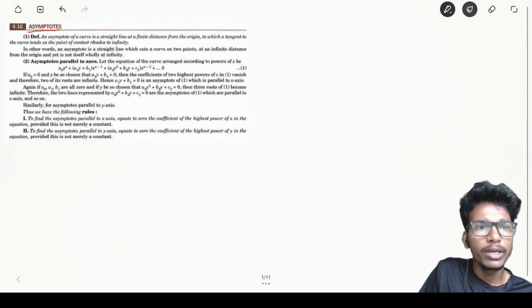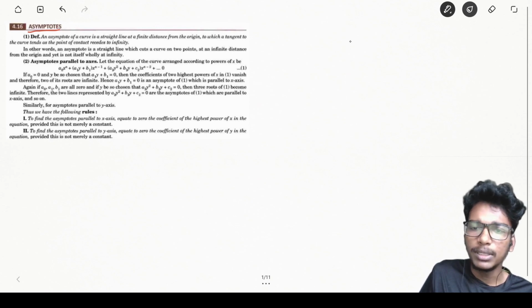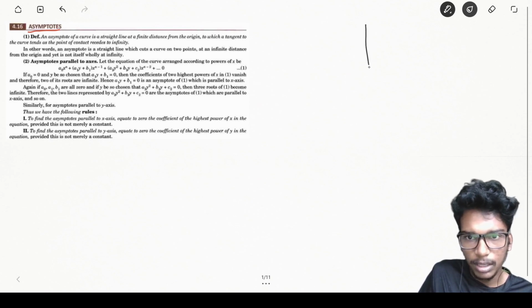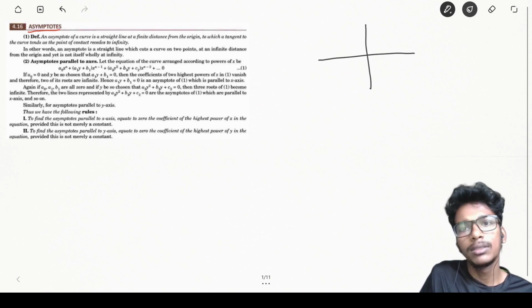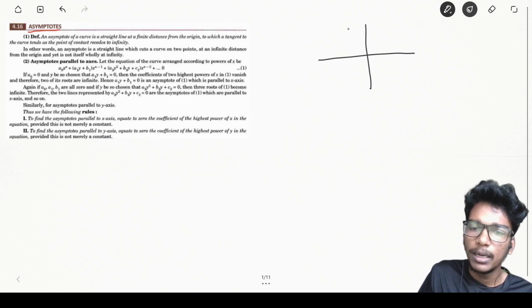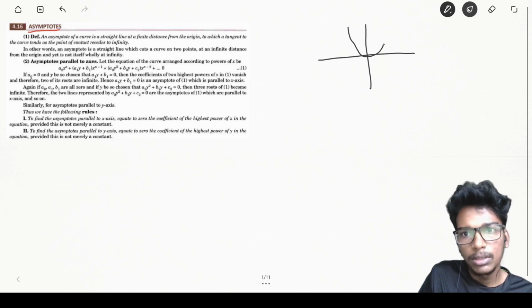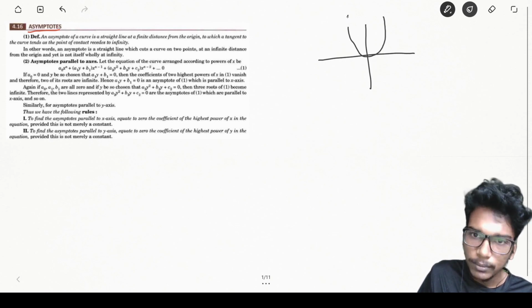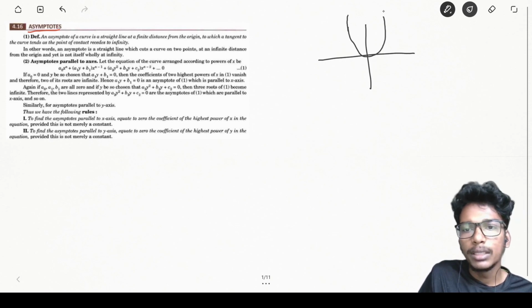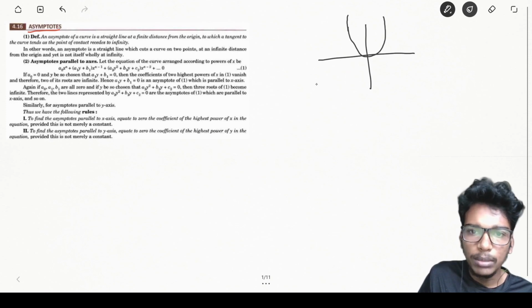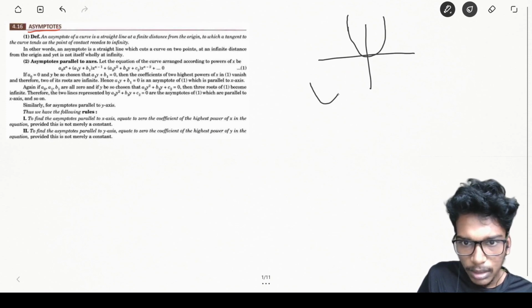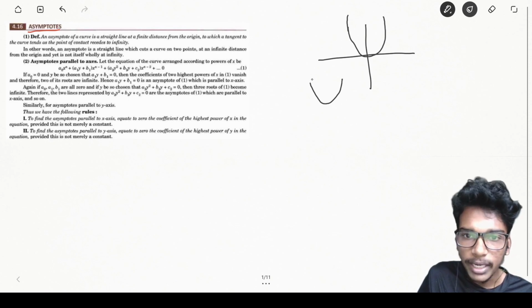An asymptote of a curve is a straight line at a finite distance from the origin, to which the tangent of the curve at a point of contact tends as the point recedes to infinity. That means we have a curve on a coordinate axis, some random curve, like a parabola. The parabola shape will be like this up to a certain extent.